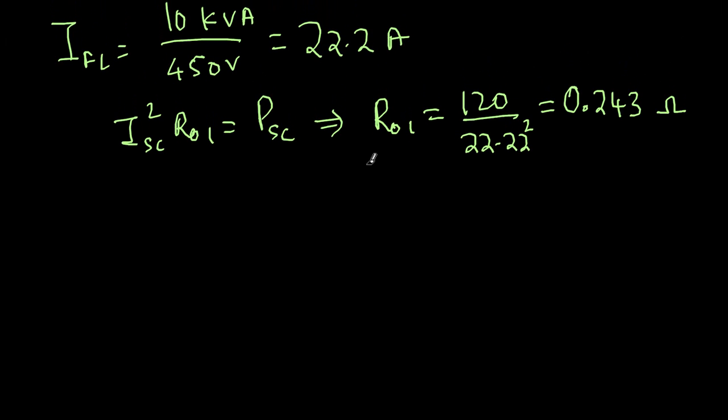Next, let me find Z01, which is the short circuit impedance, nothing but voltage of short circuit divided by current of short circuit.